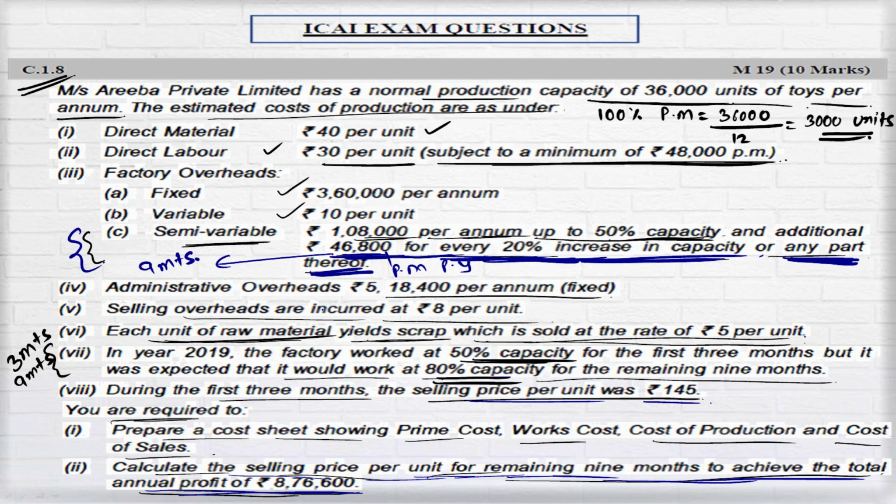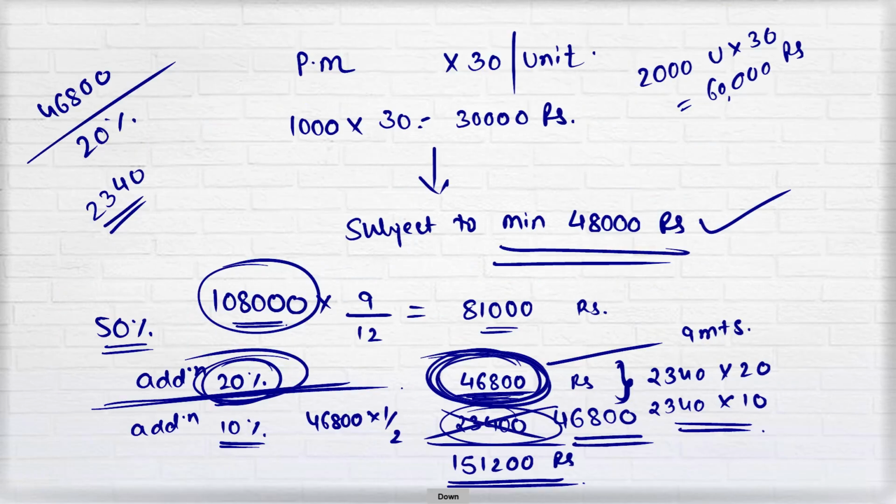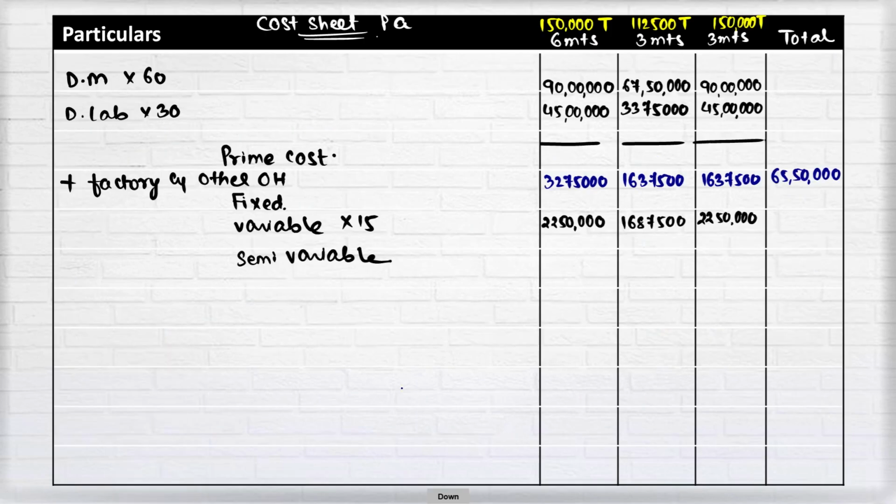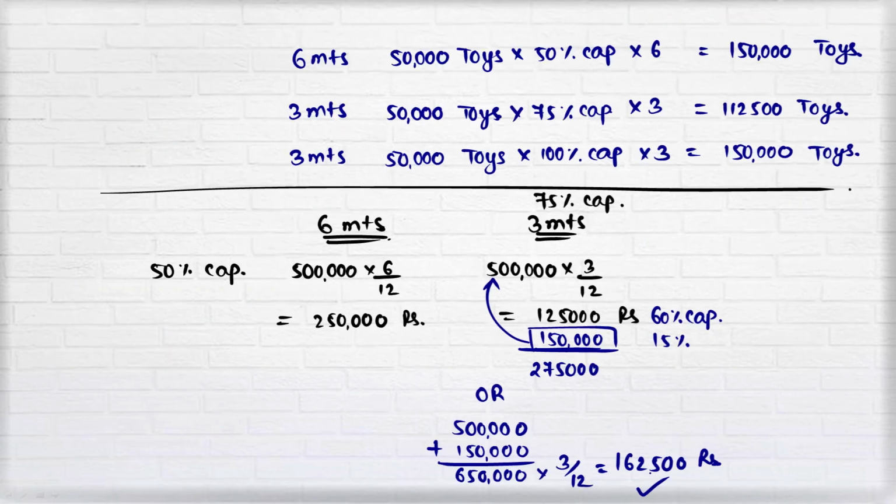There 50,000 is taken per annum. Here also nothing is written. In our question also nothing is written. It is 162,500. This is a more correct answer than question number 8.